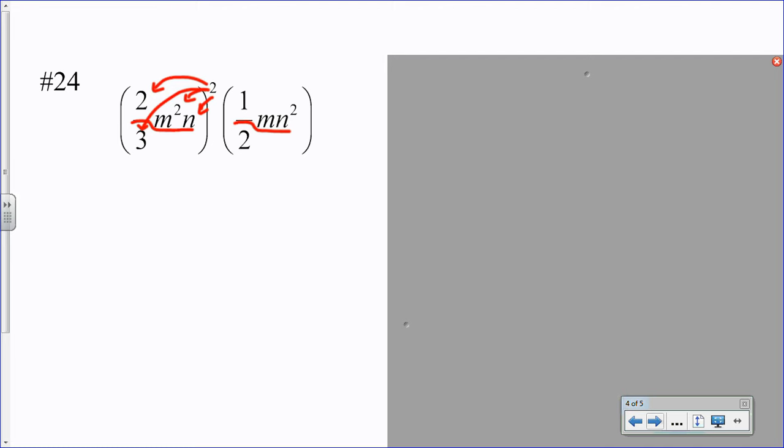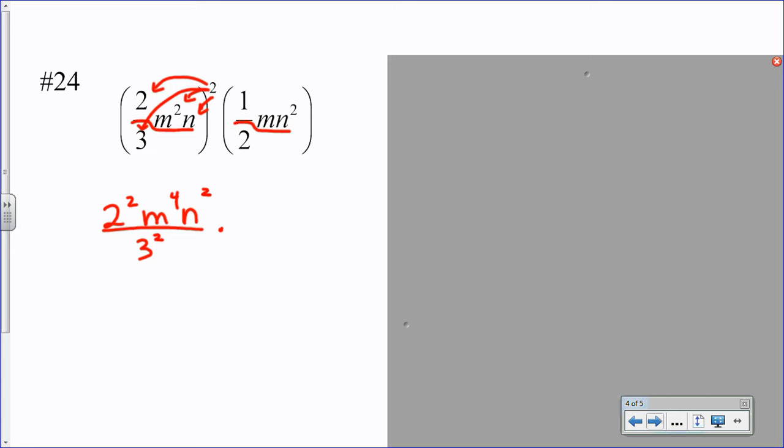Okay, so 2 squared, m to the 4th, n squared and 3 squared, okay, times. There's not an exponent outside of parentheses here, so these parentheses are just telling me to do what operation?